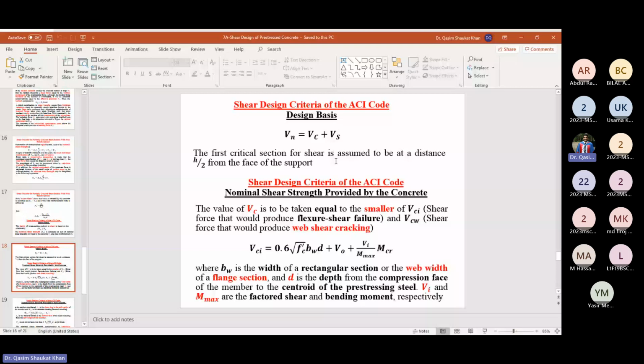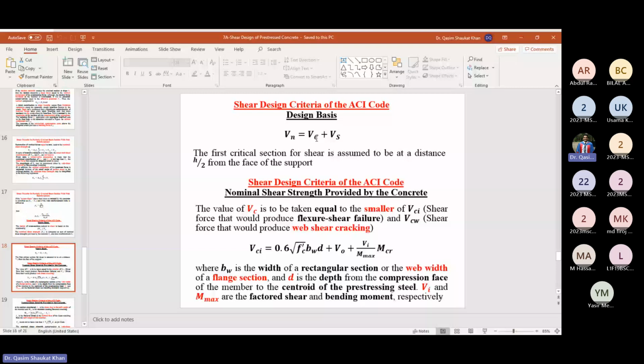Next, there are some formulas which I want to quickly go through, so that next time when we do the numerical, we have an idea of how to use them. We should know all the components of it. So, the shear design criteria based on the ACI code: the nominal shear strength provided by the concrete, because we said that the nominal shear strength will be provided by concrete plus the nominal shear strength provided by the steel.